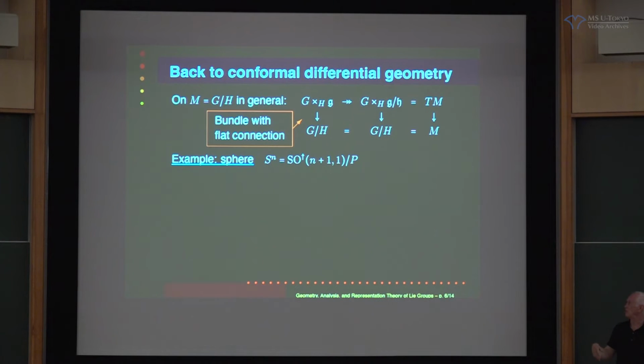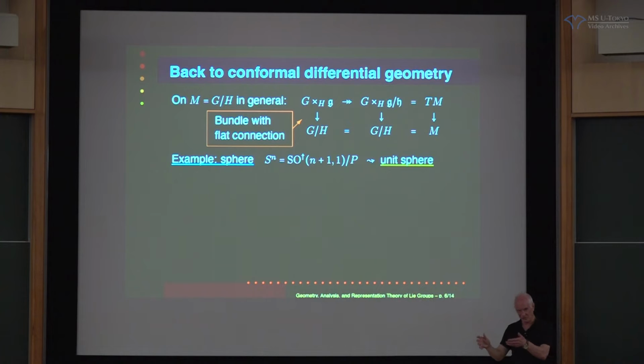And let's see how this happens on the conformal sphere. Right, and you can see that this has got something to do with parabolic geometry because the stabilizer of a point there is now a parabolic subgroup. And what I'm about to say generalizes to more or less any G modulo a parabolic subgroup. Okay? So what you can do is realize this, which is just an abstract construction, as happening on the unit sphere, because the unit sphere is a perfectly good model of the sphere.